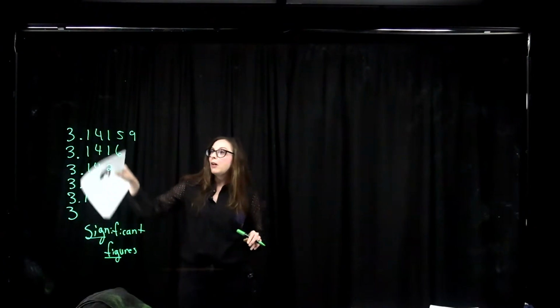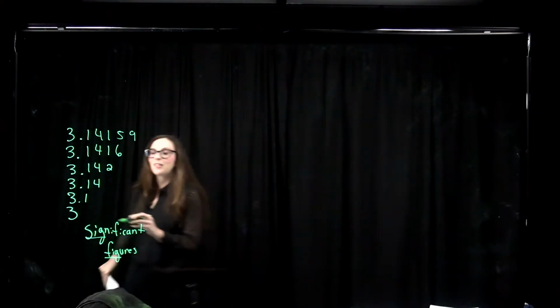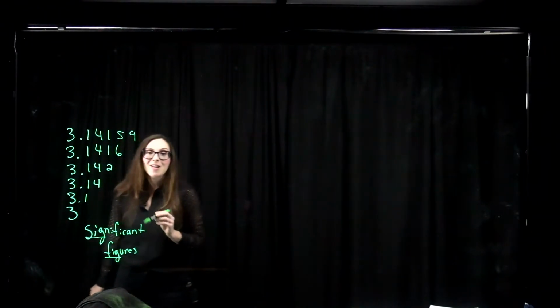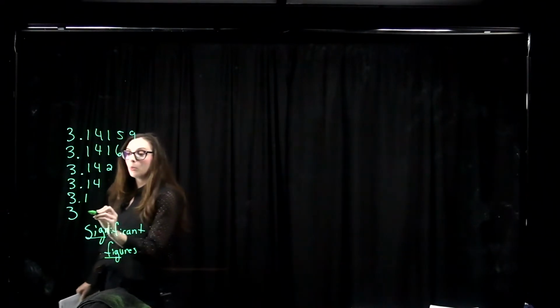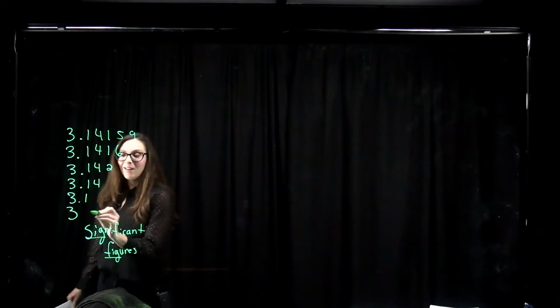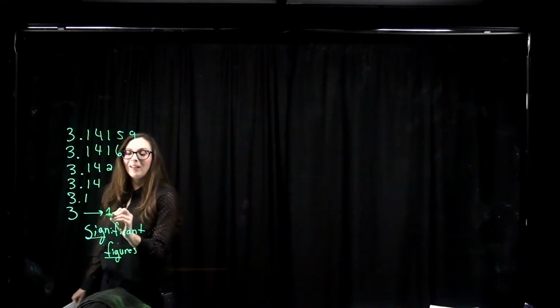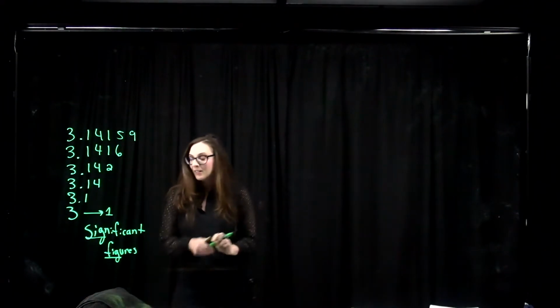Now, maybe you've noticed that I've written out the digits in pi, but only to a certain level of significant figures. So this number here, 3, only has one significant figure.